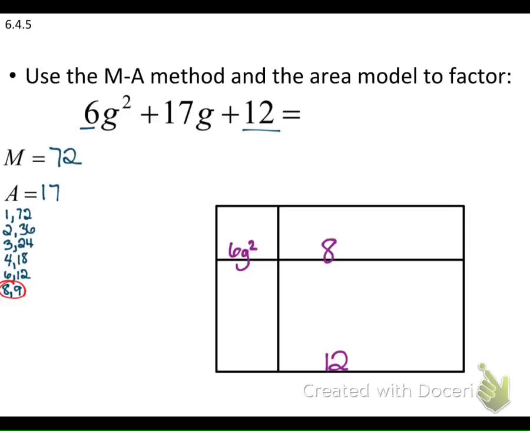And we can plug these in, our factor pair, and remember to attach a variable to those. So when they combine, they have that like term. Now what we are going to do is find the greatest common factor of that top row. So this row here is what we're finding our greatest common factor of.